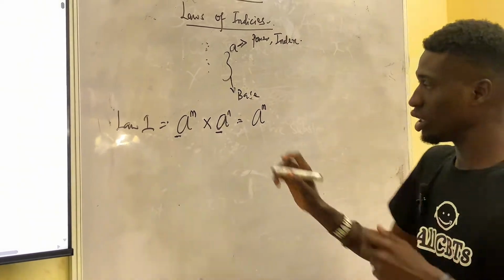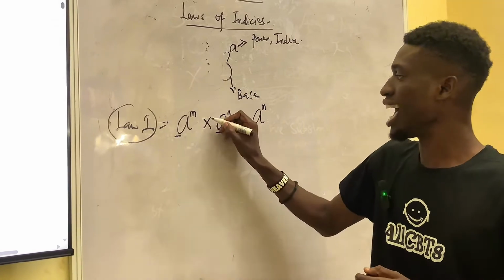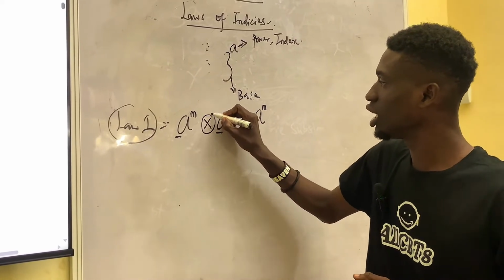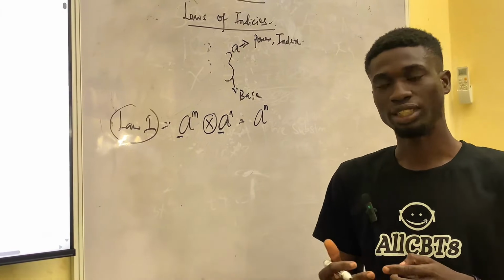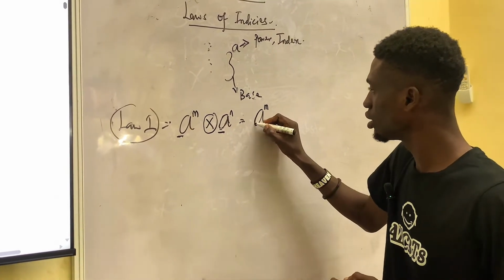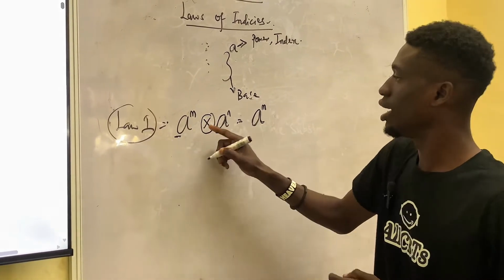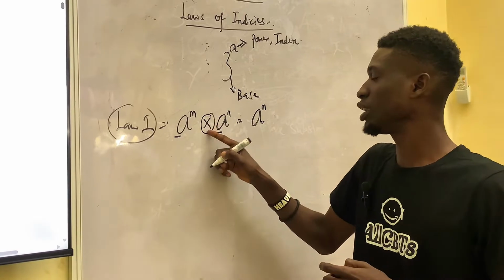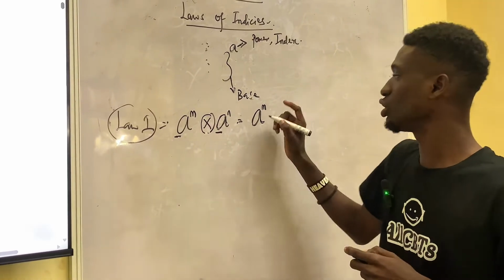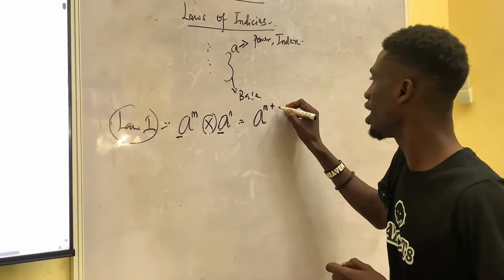What law 1 is trying to tell us is that our multiplication sign will turn to an addition sign. So I have a, they are the same base, I pick one a, then this is my m. My multiplication sign, as I've told you earlier, is going to turn to addition, then the other power.